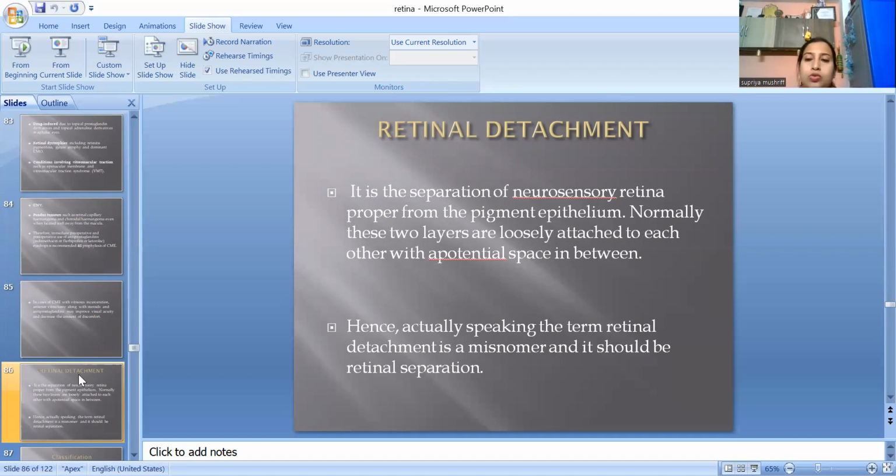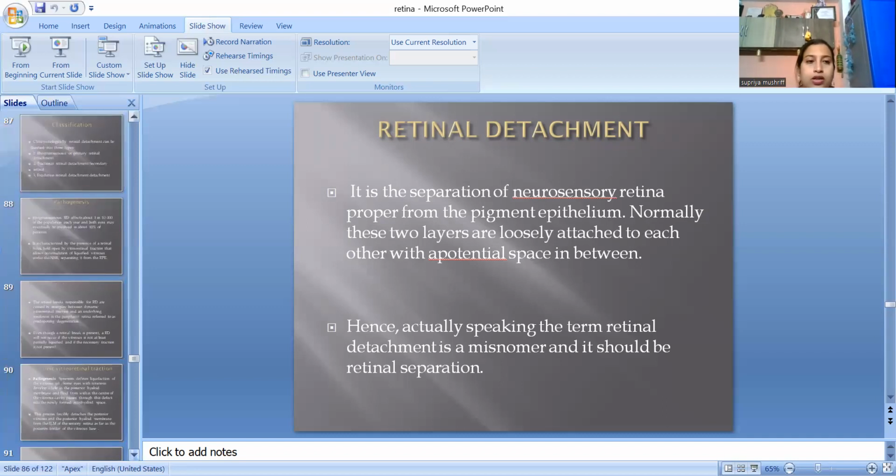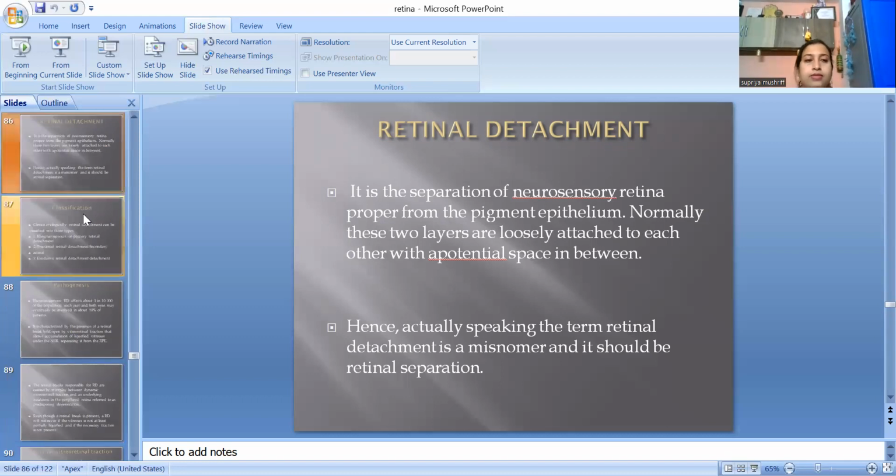Normally these 2 layers are loosely attached to each other with a subretinal space in between. Hence, actually speaking, the term retinal detachment is a misnomer and it should be retinal separation, not detachment, but we still say detachment.